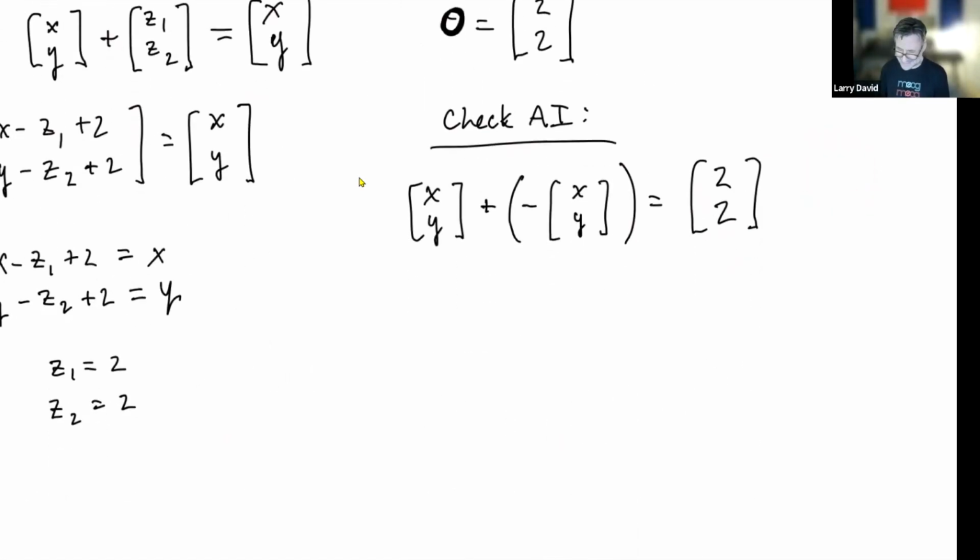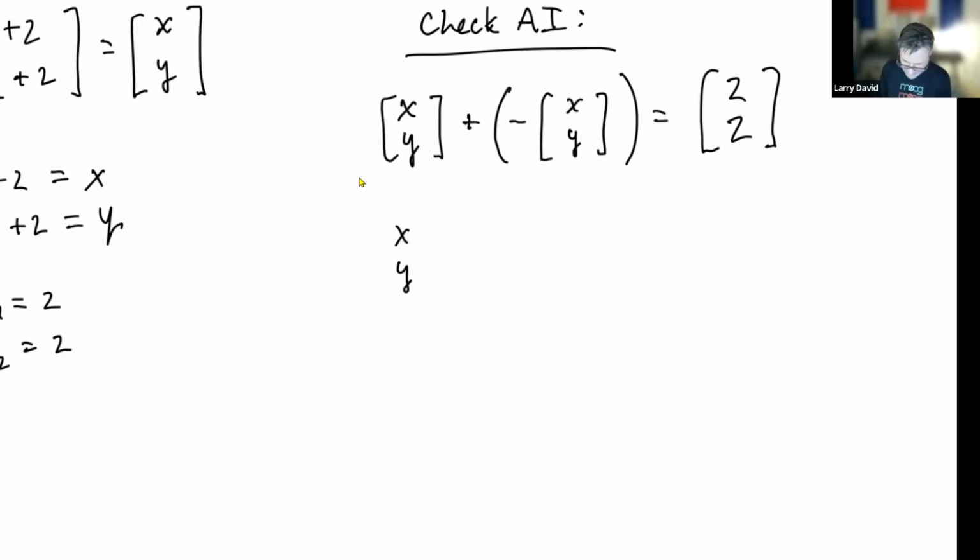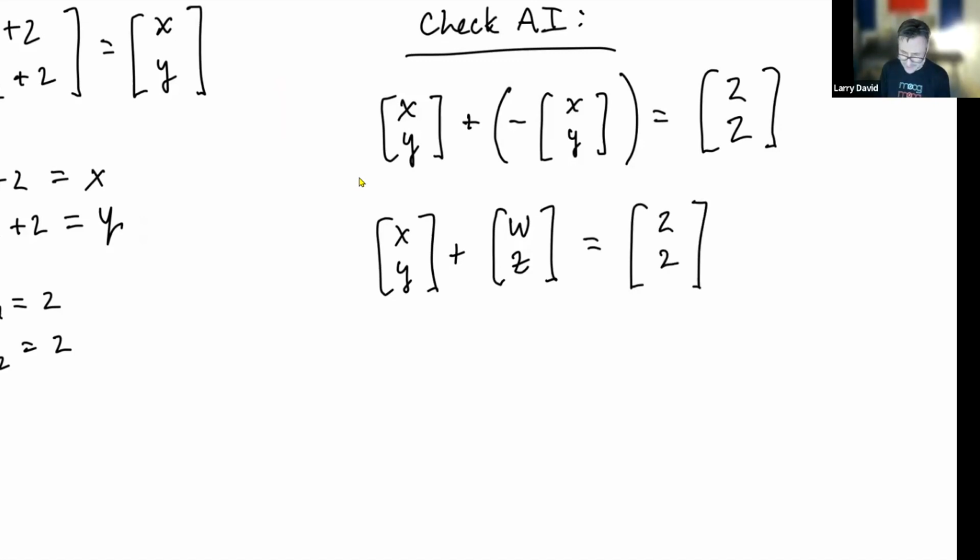So let's see if we can figure out what the entries of the additive inverse are. Well, let's make it a little simpler, and I'll just write WZ for the entries of the additive inverse. So this is a vector in V, and it's a column vector with 2 complex number entries in it.